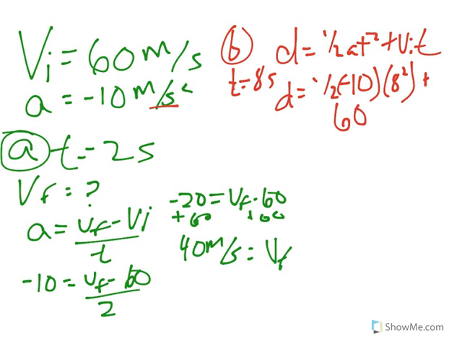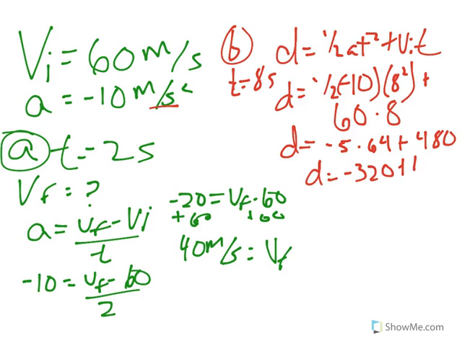If I multiply all this out, 1/2 times negative 10 is negative 5, times 64, plus 60 times 8 is 480. So if we do this, I should get D is equal to negative 320 plus 480. And that would give me an answer of D is equal to 160 meters.